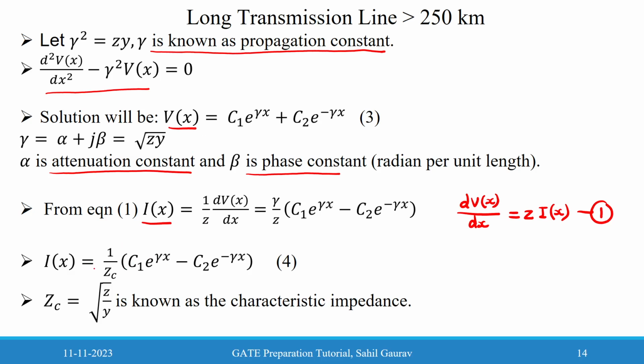Similarly, here we can represent Ix in terms of the characteristic impedance, and the characteristic impedance is the square root of the per unit impedance divided by the per unit admittance.